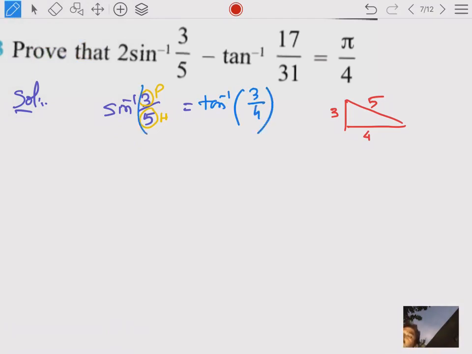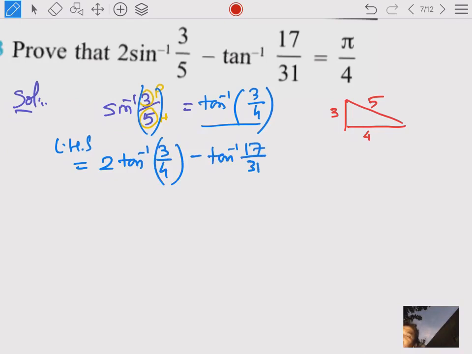So sine inverse 3 by 5 can be written as tan inverse 3 by 4. First we will use this. We can use it directly because it is understood. So now the left hand side is 2 tan inverse 3 by 4 minus tan inverse 17 by 31.